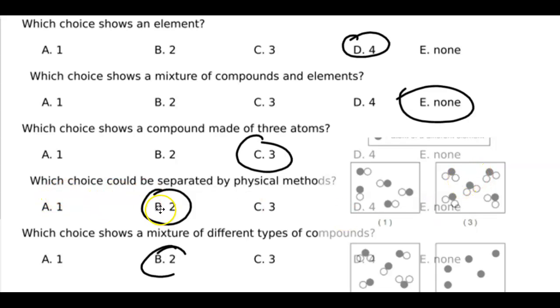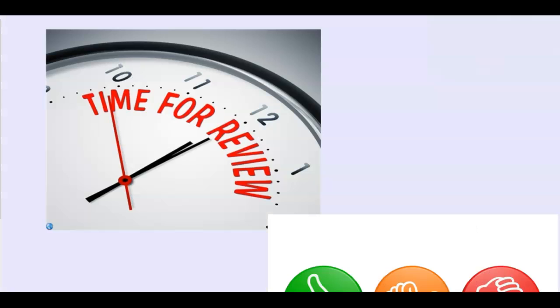The physical separation method was choice 2. Which choice is a mixture of different compounds? It's choice 2. You can physically separate mixtures. You cannot physically take the atoms away from a compound.